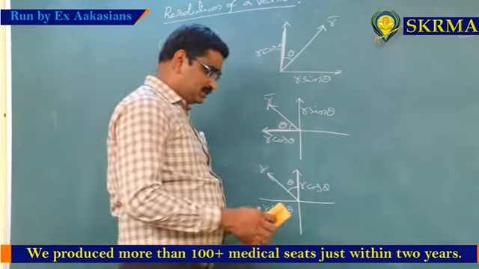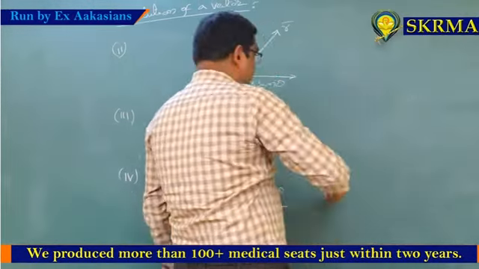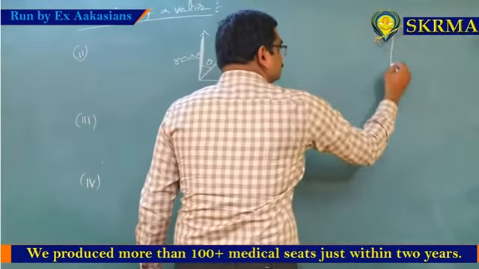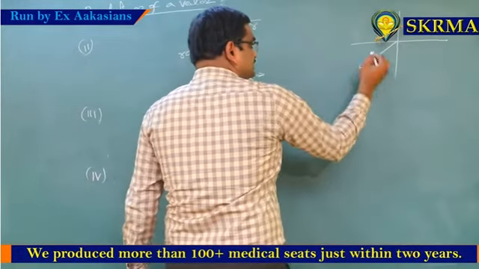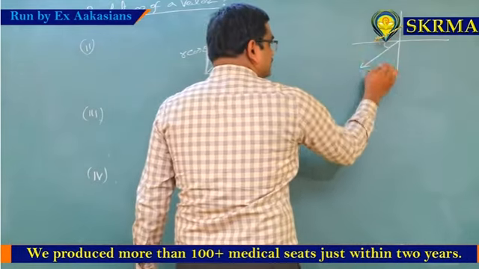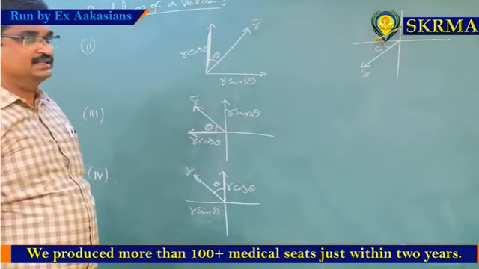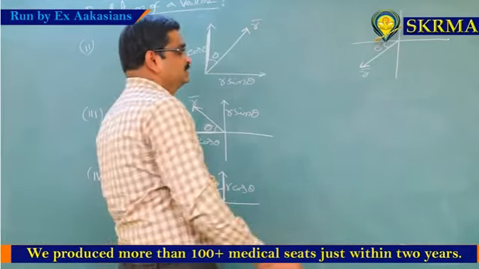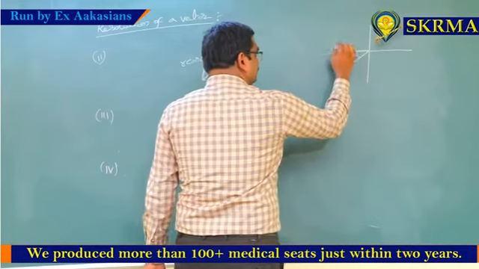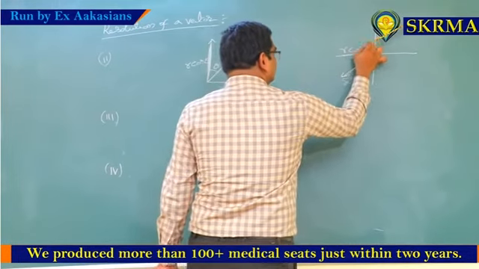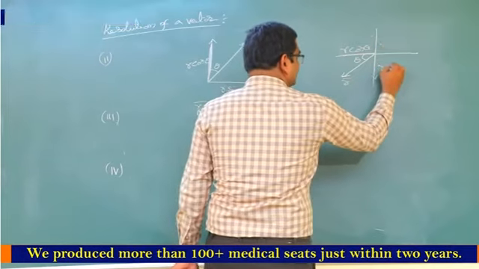Next example. If you consider the other side, in this case, this is r bar making an angle theta with the negative x-axis but in the third quadrant. In this case, adjacent side of theta is this one. This is r cos theta. So remaining side is r sin theta.